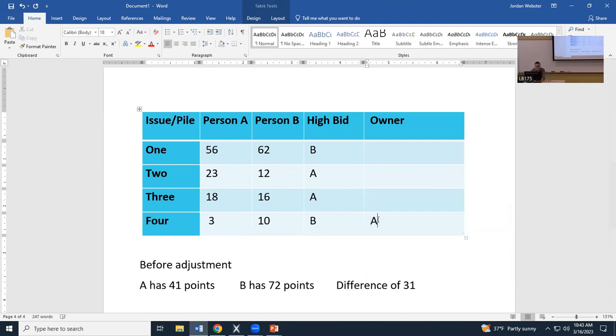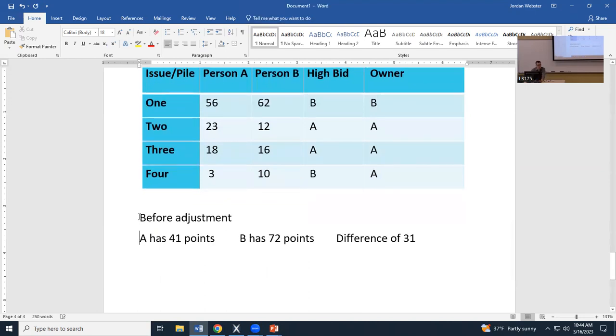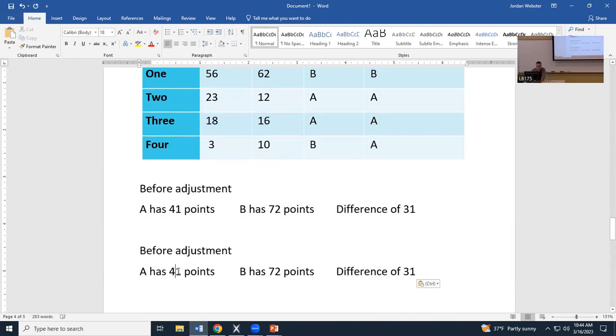What's gonna happen if I let A own that issue or own that pile of goods and all three of these piles, and then just let B have the first? Well, guess how many points A is gonna have? After that adjustment, A only has 44 points still.